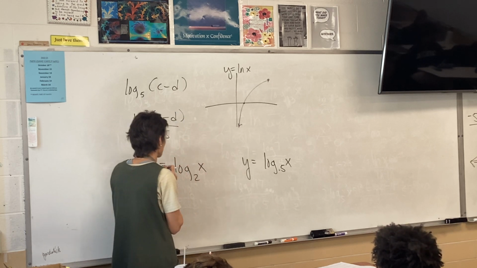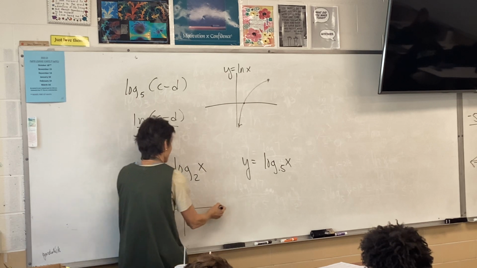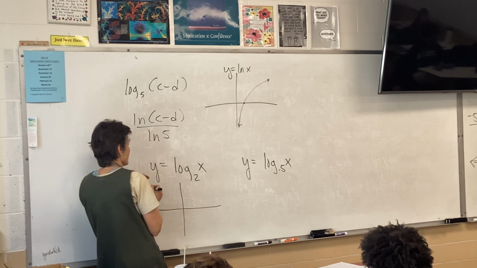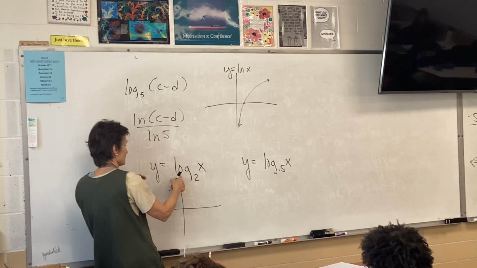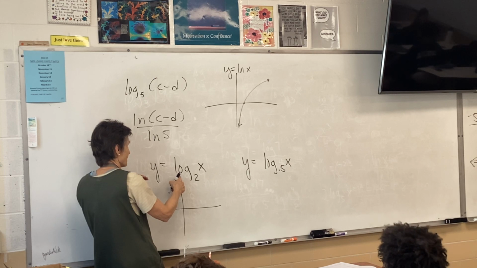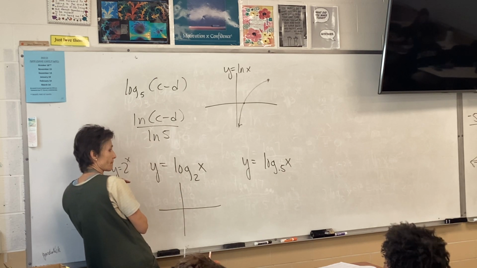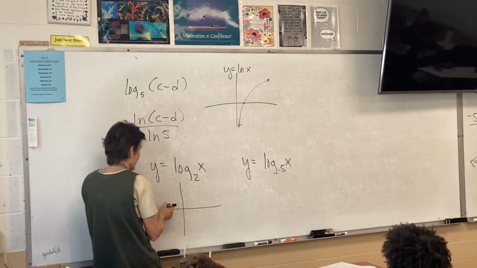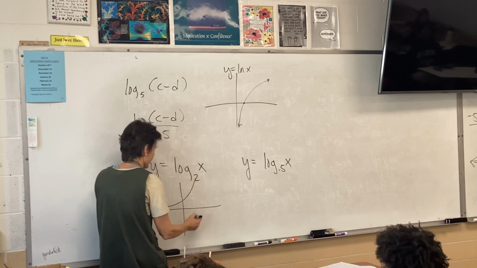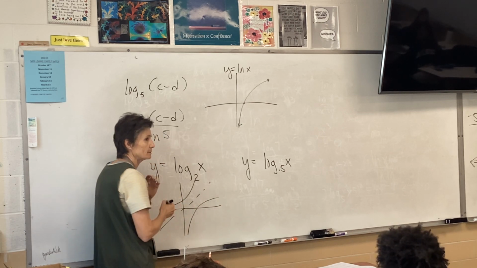Would it make x negative or something? Think about the inverse of this. It is y equals 2 to the x, which looks like this, and then the logarithm looks like this. Those are inverses, right?